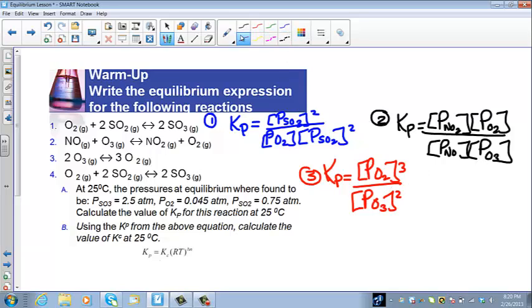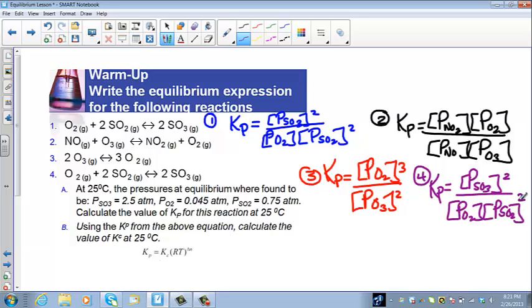And the last one, Kp is equal to the pressure of SO3 to the second divided by the pressure of O2 times the pressure of SO2 to the second.